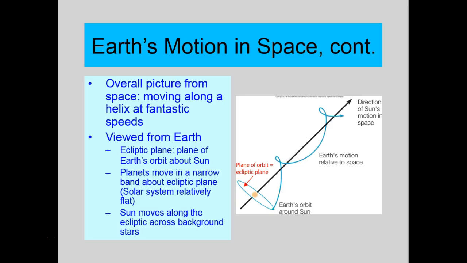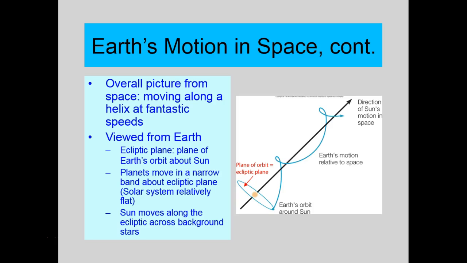Solar system is relatively flat. At least the planet part of it is. Okay. The Oort cloud is three-dimensional. The Kuiper belt is pretty much three-dimensional. Well, it's thicker. The sun moves along the ecliptic across the background stars. Now, that's what it appears to be. Actually, what we do, we move here.